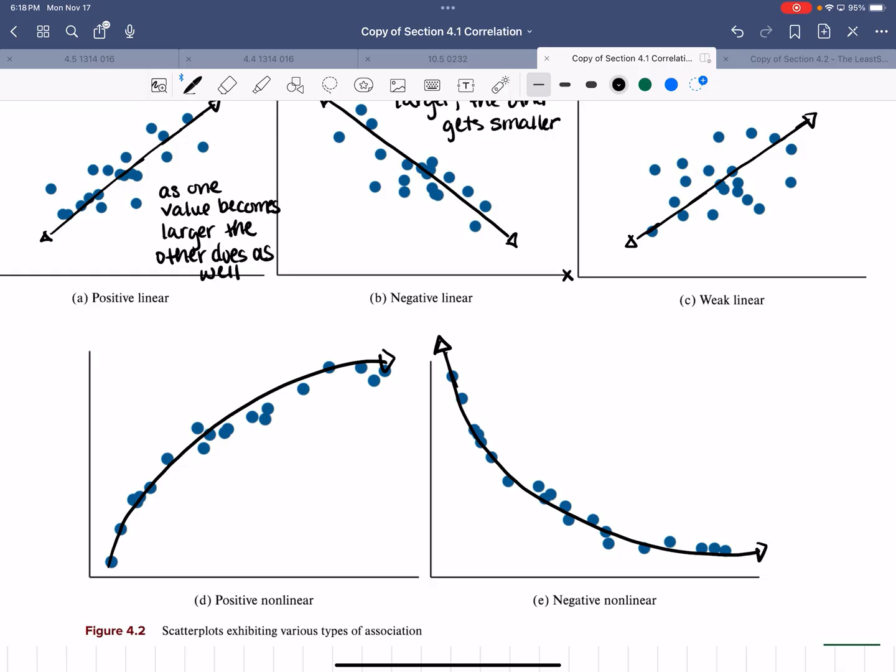Remember we read a graph or scatter plot from left to right. So as we're reading from left to right, it is falling. It's just not linear. Like in D, if we read left to right, that data is going up. So as X gets bigger, Y is getting bigger. So it's positive, but it's not linear.